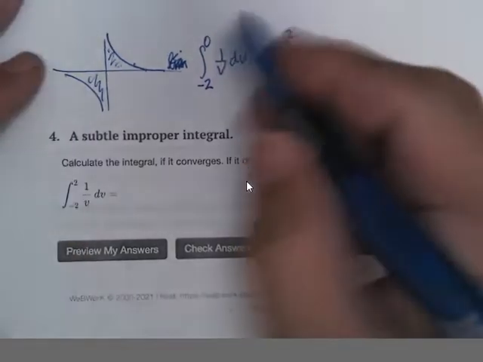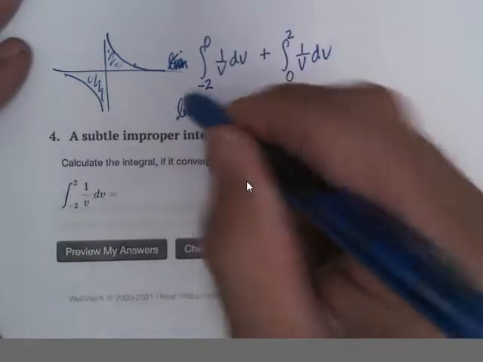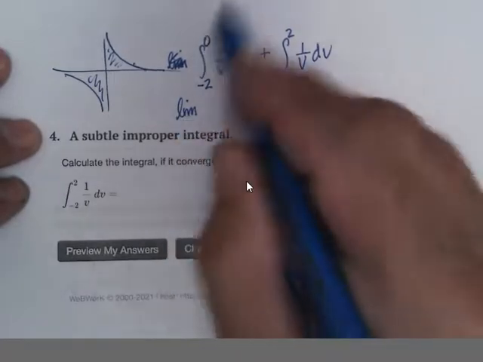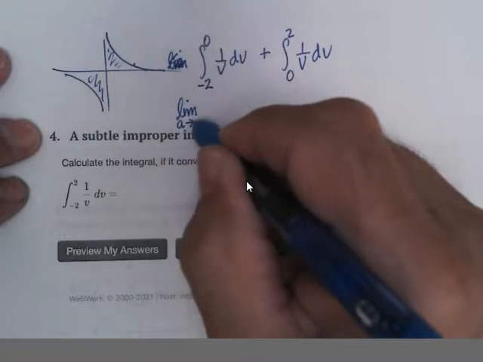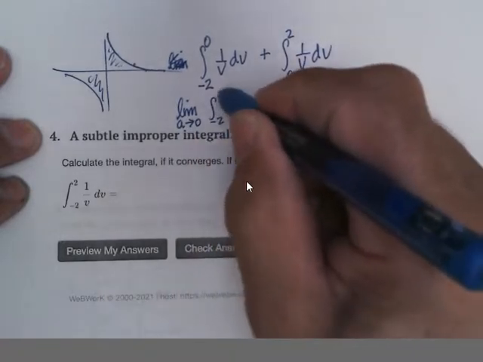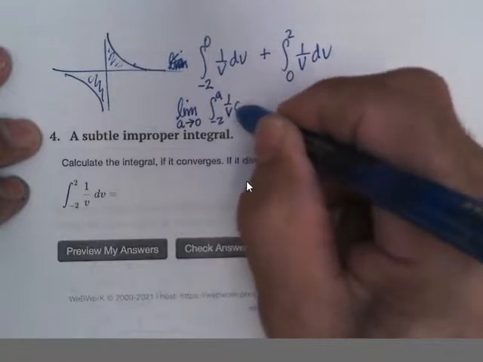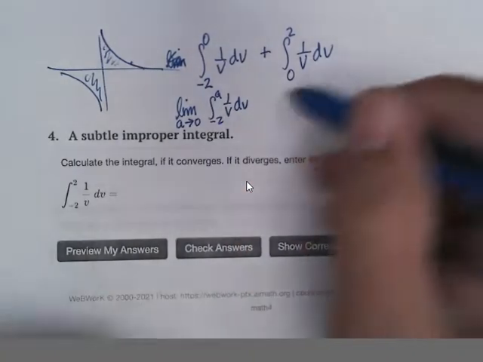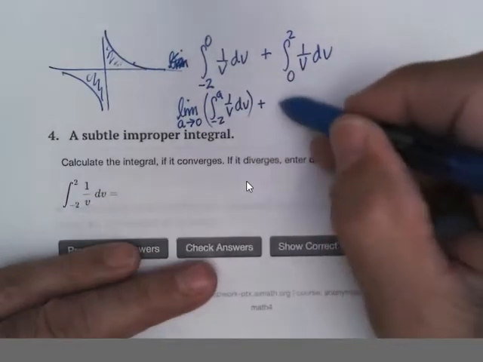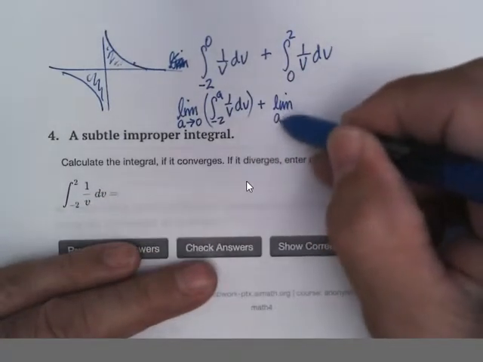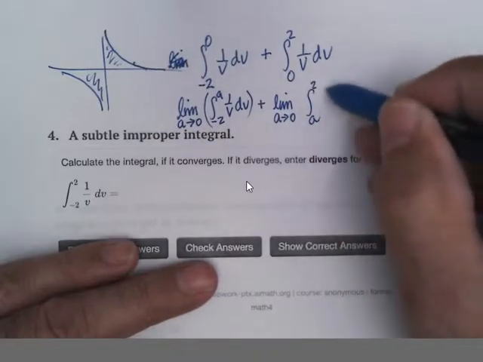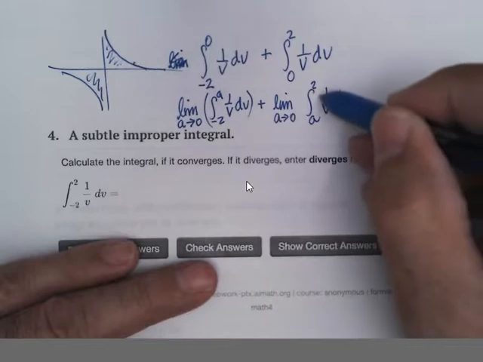And to do this one, we'd have to do the limit, the problem here is the 0, so as a goes to 0 of the integral from minus 2 to a of 1 over v dv plus the limit as a goes to 0 of the integral from a to 2 of 1 over v dv.